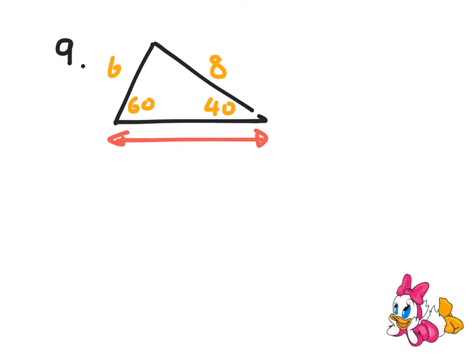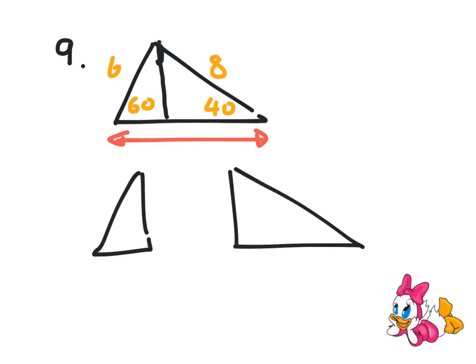Question 9, we need to calculate the red line at the bottom of the triangle. Okay, looks a bit difficult at first, however, if you split the triangle down here to make 2 triangles, so there's your left hand one, there's your right hand one. Okay, let's put the information back in we've got.